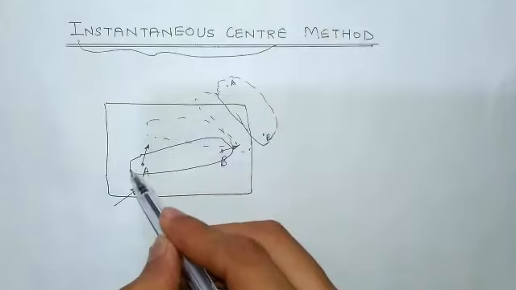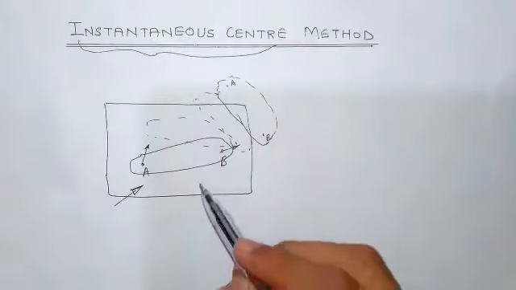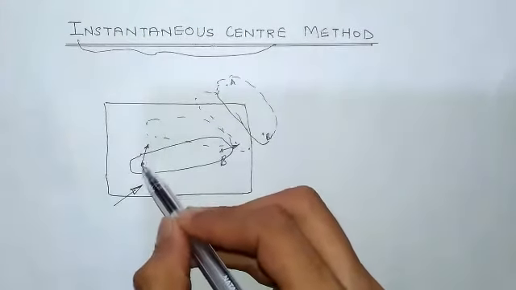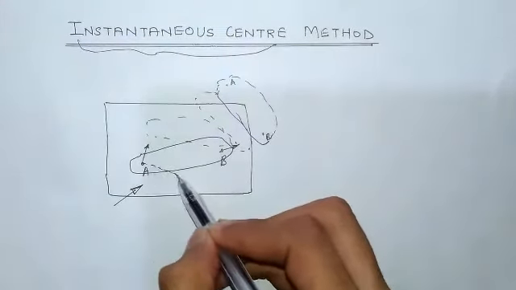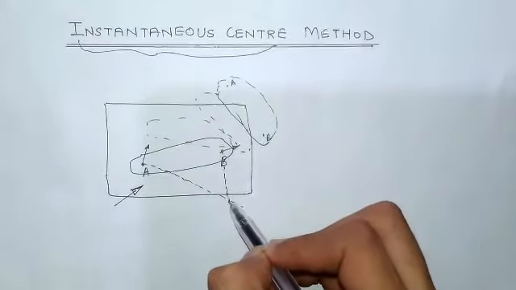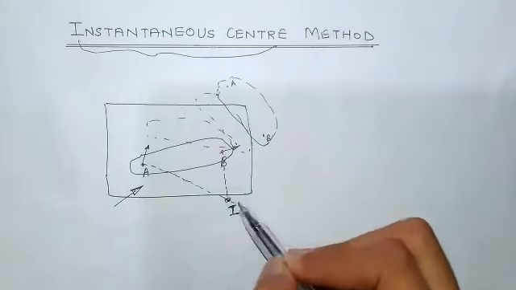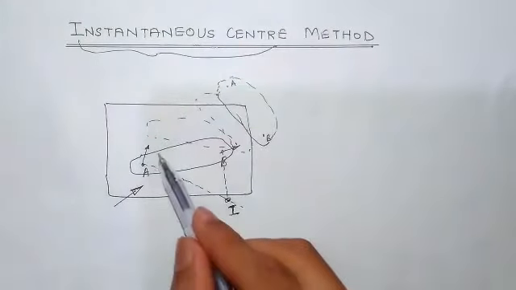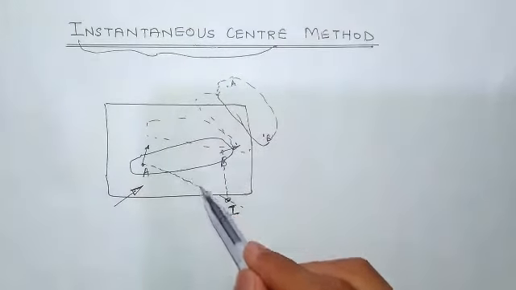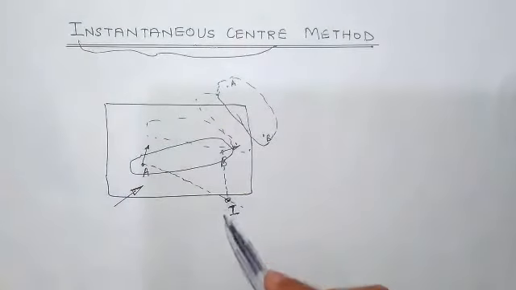If we are talking about this instant position, then we can have only rotational motion, and the center of that would be normal to this velocity vector and normal to this velocity vector. Wherever they intersect, this is the I center, which means the body's instantaneous center of rotation. The body is in purely rotation about this point at that instant.